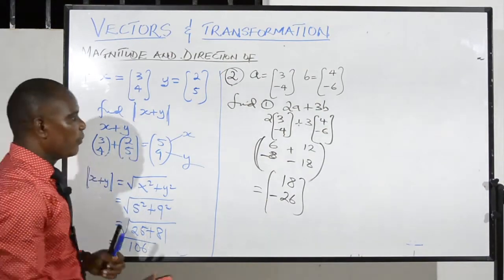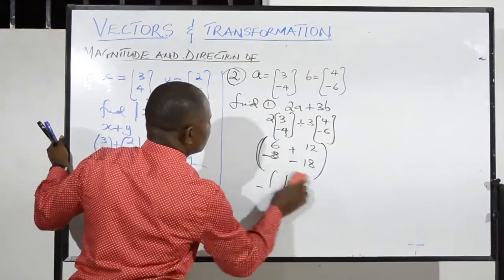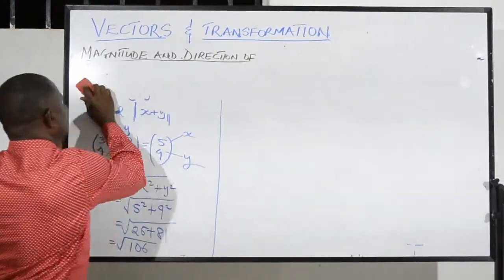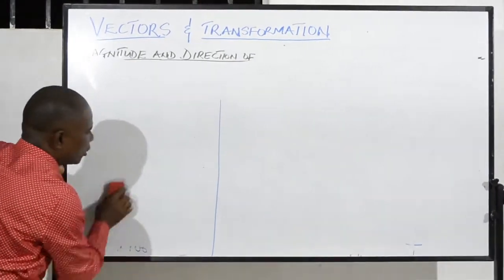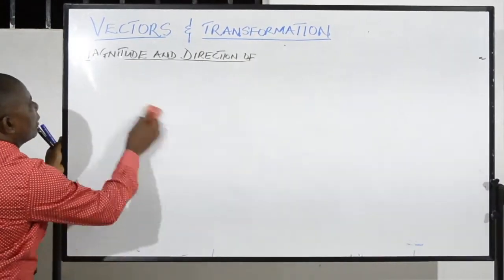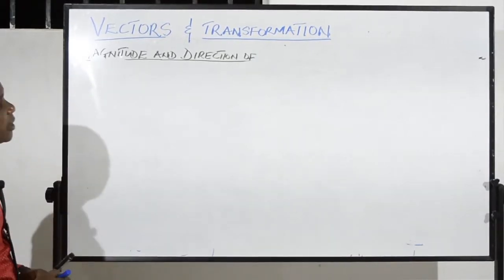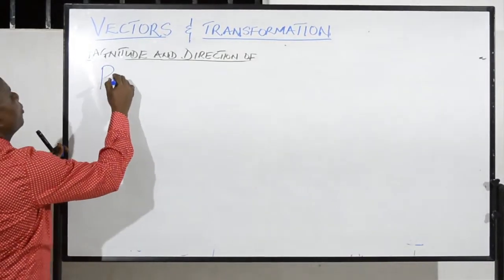Now I want to move forward with another example. Watch out. We have already done the introductory part of vectors, so I can now move on to the position vector. Watch out for the position vector.